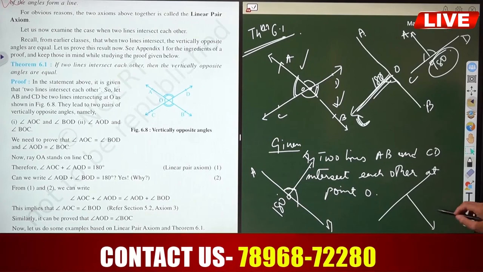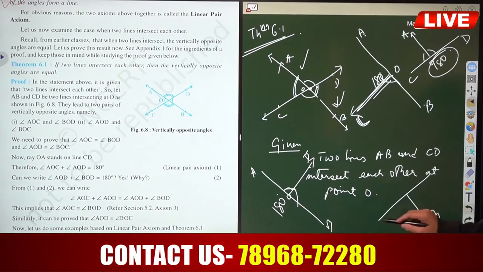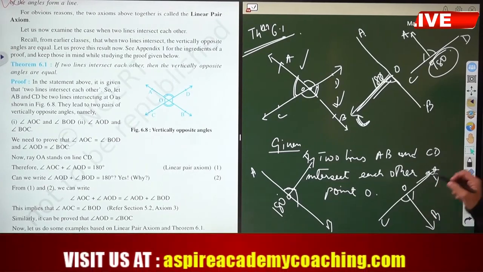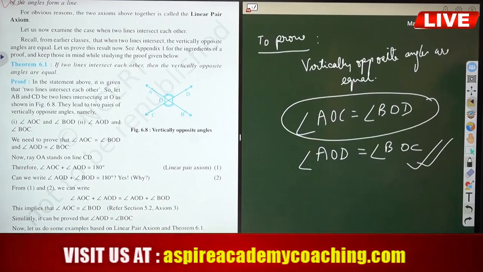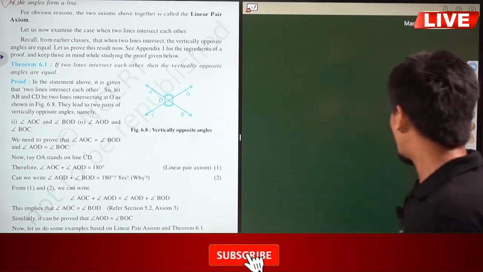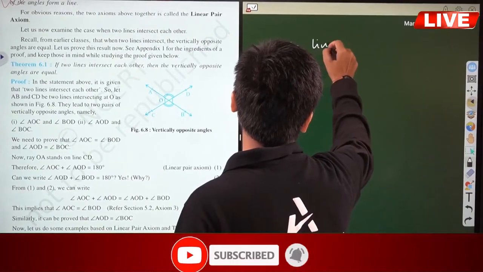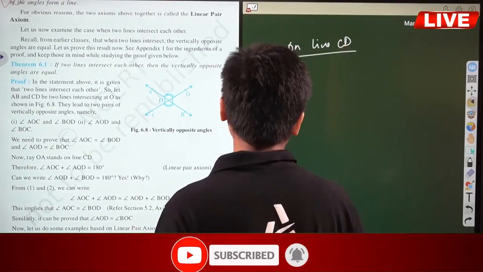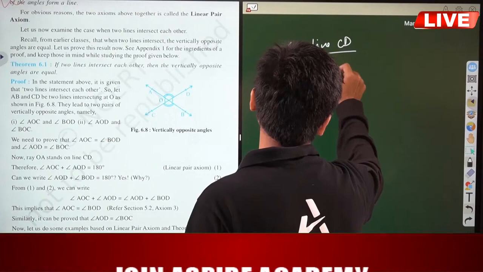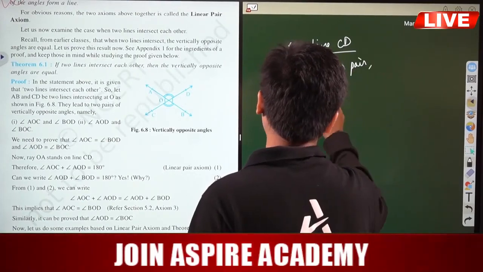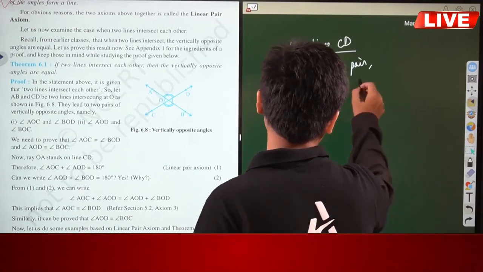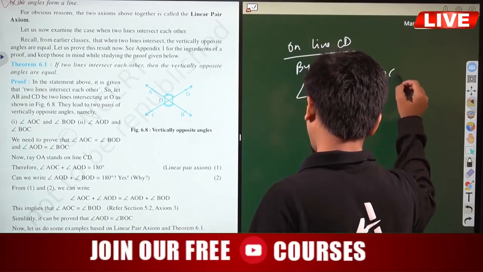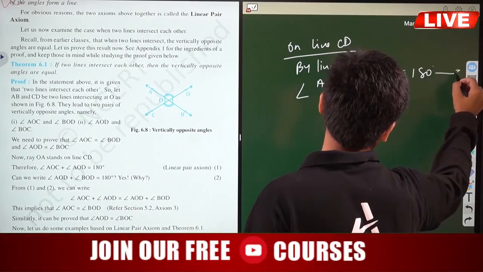This is B, this is C and D, and this is O. They are adjacent angles and this adds up to 180 degrees. So on line CD, by linear pair, angle AOD plus angle AOC is equal to 180 degrees. Let this be equation 4.